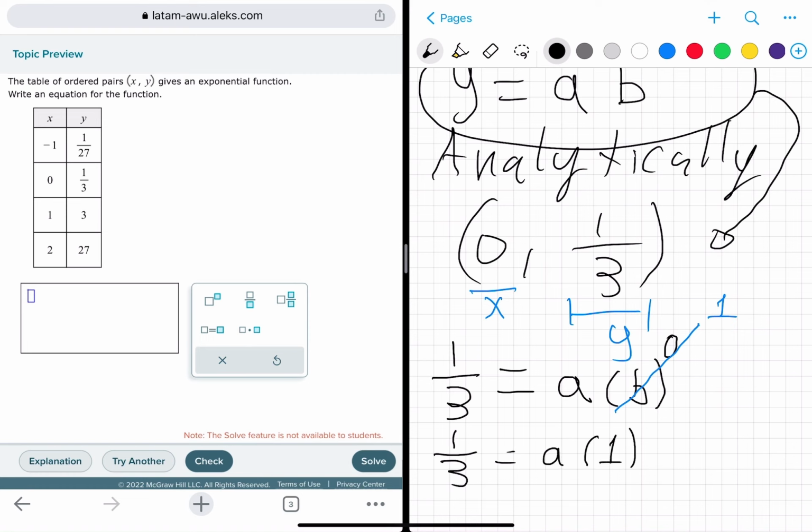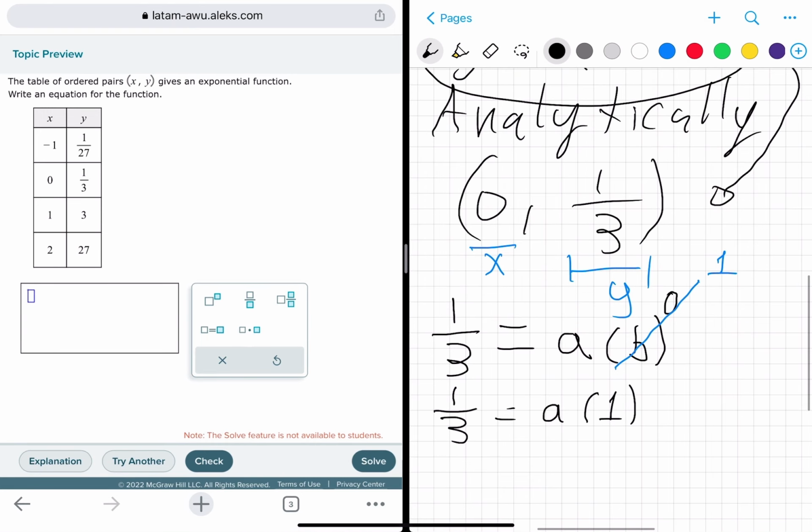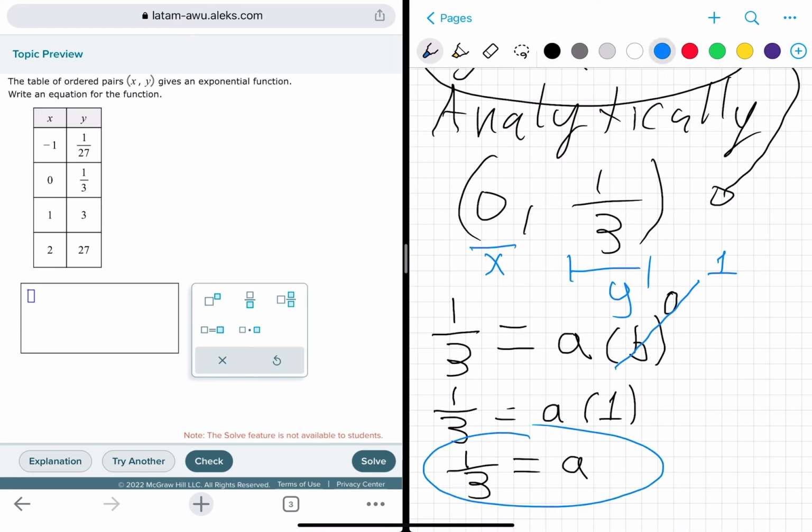And any number multiplied by 1 is the same number, so I get that 1/3 equals a. By using math, I got the value of a. The only way for this function to match that graph we have in Desmos is when a is 1/3. So I already know that the value of a is going to be 1/3. But I'm still missing the value of b.